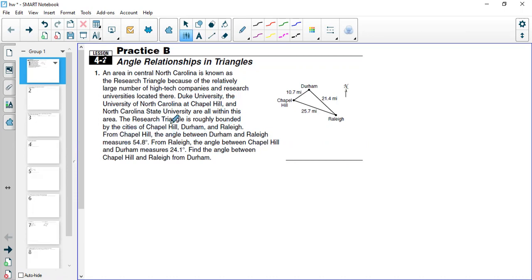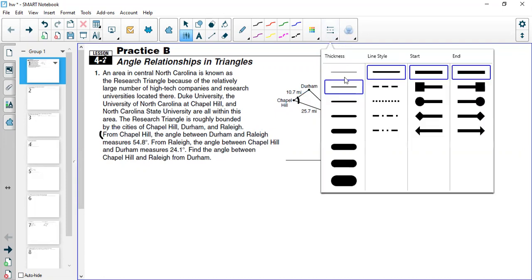From Chapel Hill, the angle between, okay, from here starts your question. Your actual question starts from here. From Chapel Hill, the angle between Durham and Raleigh measures 54.8. So from Chapel Hill, when you look at the other two cities, this angle is bound to be 54.8.